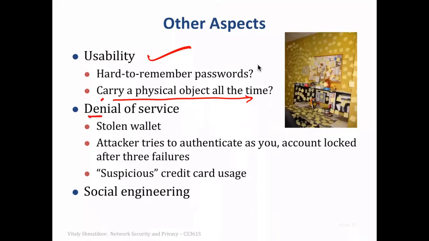And of course, there can be denial of service. Now, a denial of service attack you can also do very simply. Suppose you don't want your friend to do a transaction in the bank for some reason.